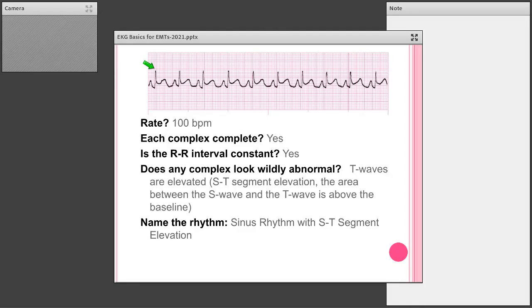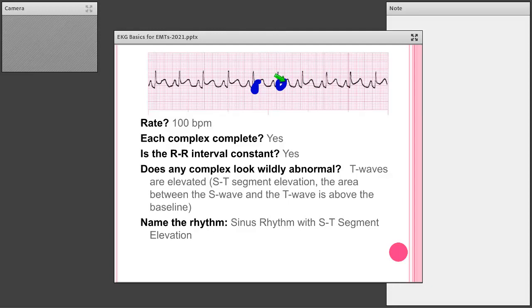We can't really call it normal sinus rhythm because we do have this ST segment elevation. So you should have counted 10 R waves to give us a rate of 100. Each one has a P wave for the QRS complex. It's a regular interval between these R waves. And the wildly abnormal would be this ST elevation that we're getting here on all of these complexes.